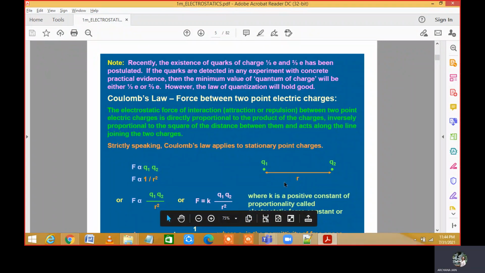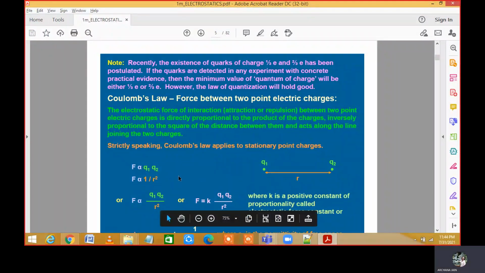It was observed experimentally that the force between two charges is directly proportional to the product of the two charges. That is, F is proportional to Q1 Q2. And force is inversely proportional to the square of the distance between the charges, r being the distance between them. That's why F is proportional to 1 over r squared.